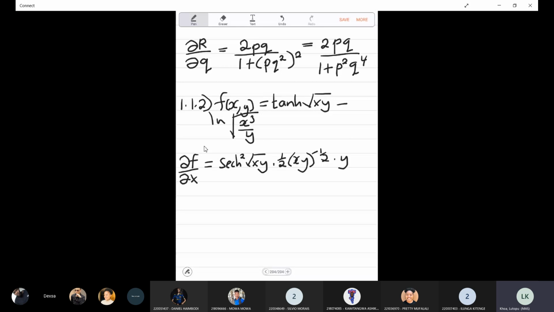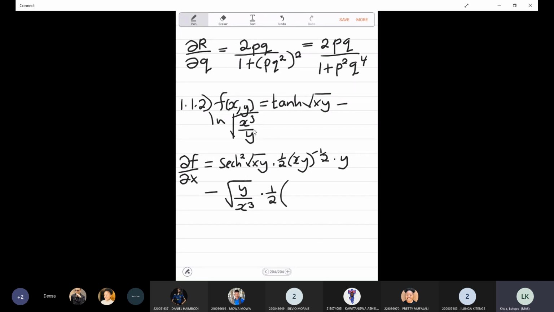Then we do this one, the derivative of ln, in the same way. So this is minus 1 over the square root of x cubed over y, or it's just y over x cubed. So instead of 1 over x cubed over y, you can just invert the fraction inside the square root. And then you multiply by the derivative of the square root, which is a half.